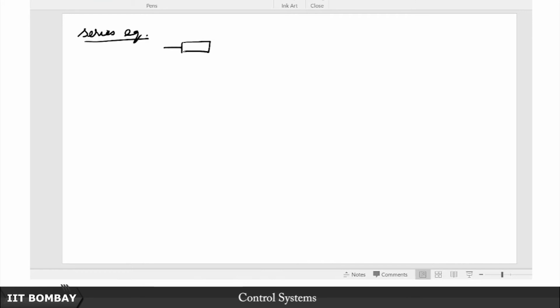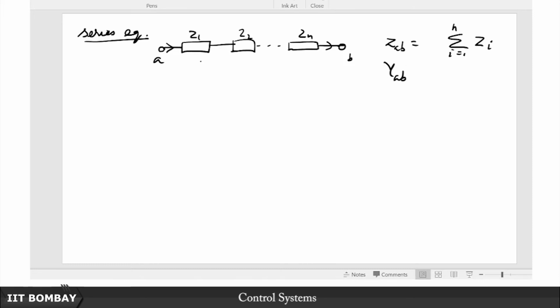So for example, if you have Z1, Z2, so on till Zn, and you have current passing through this, let's say this is terminal A and terminal B, then you know that Z_AB is equal to nothing but summation i equal to 1 through n Zi, and similarly if you take admittance across the terminals, you will see that the admittance is equal to 1 over summation 1 by Yi, i equal to 1 through n.